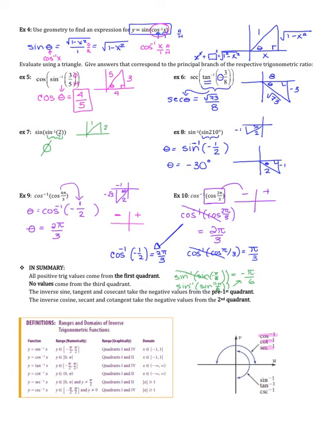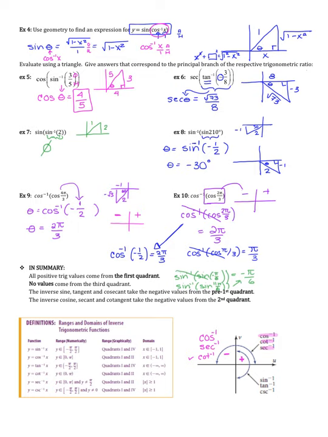So everybody that's positive comes from the first quadrant without fail. It's where things are negative. So in the second quadrant, you have your inverse cosine is going to come from here, your inverse secant, and believe it or not, your inverse cotan. That one's going to be the tricky one.